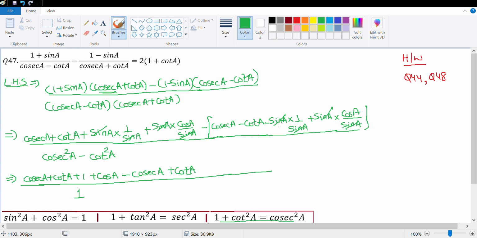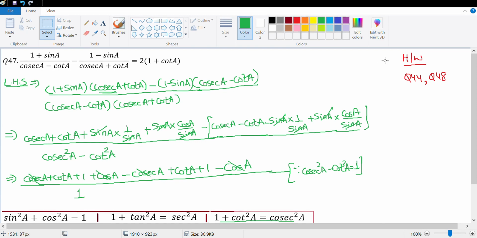And this is minus 1. When I open the bracket, it becomes plus 1. Done. And this is plus cos A. When I open the bracket, it becomes minus cos A. Anything getting cancelled? Yes, cosec A and minus cosec A get cancelled. Plus cos A and minus cos A gets cancelled. So the reason being, since cosec square A minus cot square A is equal to 1.